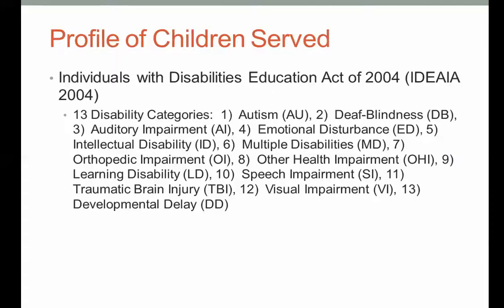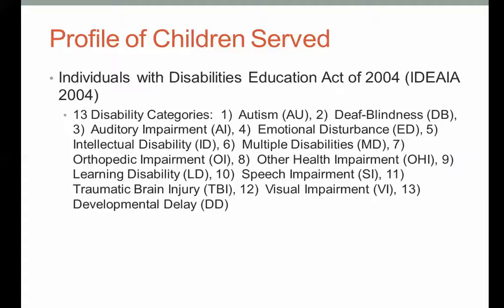So of the 13 different disability categories: autism, deafblindness, auditory impairment, emotional disturbance, intellectual disability, aka mental retardation, that has been formally changed from MR to ID, multiple disabilities, orthopedic impairment, other health impairment, learning disability, speech impairment, traumatic brain injury, visual impairment, and developmental delay.